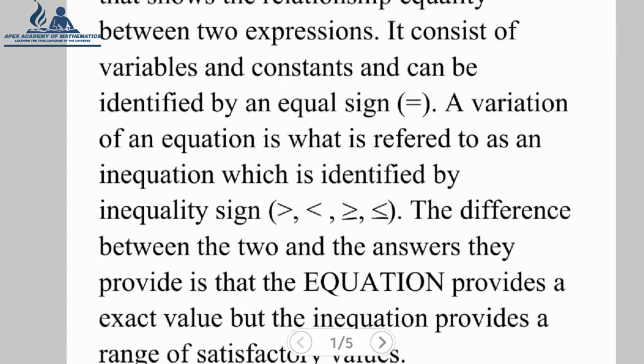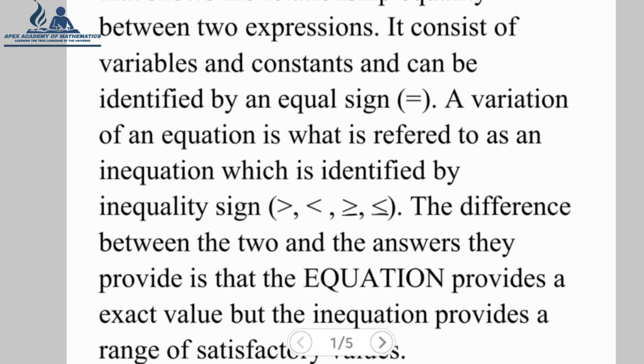Now a variation of an equation is what is referred to as an inequation, which is identified by a similar sign, not the same but similar, and those signs are what we refer to as inequality signs. We have the greater than sign, the less than sign, the greater than or equal to sign, and the less than or equal to sign.